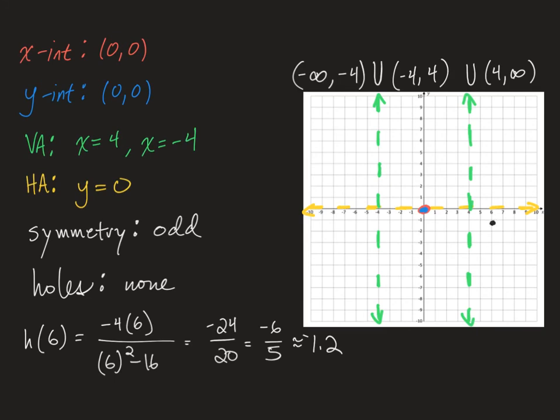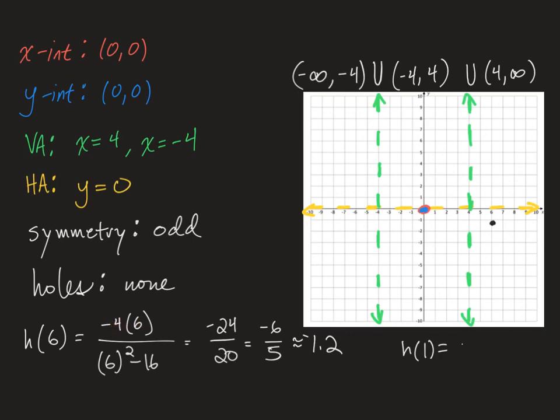Well, let's see. Let's move over to the middle one. The middle interval here. I can pick any number I want in this middle interval as long as it's not 0. So I'm going to stick with a positive number. I'll find h of 1. So let's do that. H of 1 is, let's see, negative 4 times 1 is negative 4.